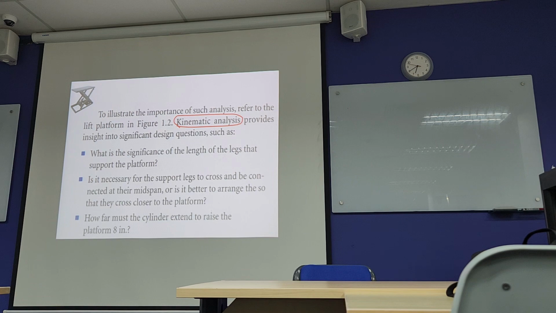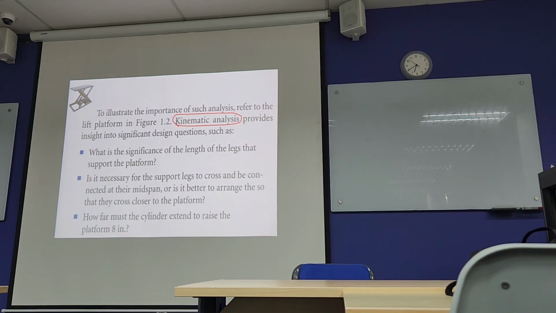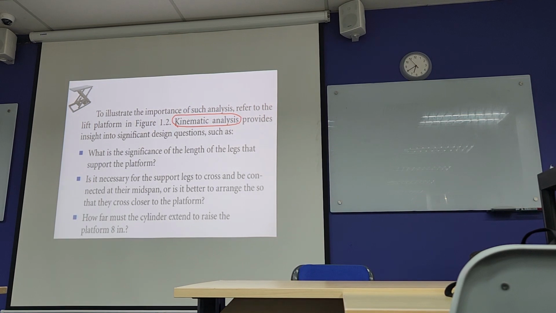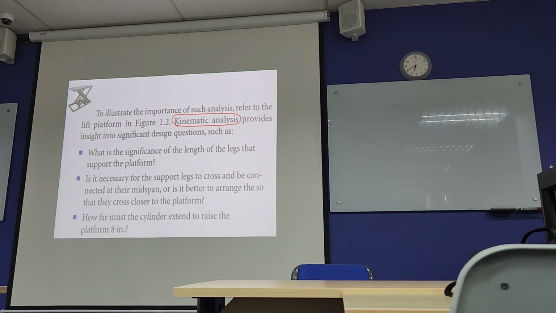Okay. So kinematic analysis is description of the mechanism, and also we try to link if there are any relationships in terms of the distance and the degree of freedom.